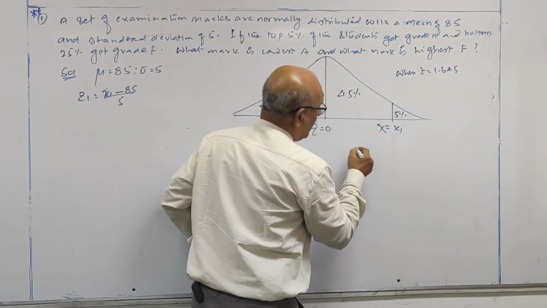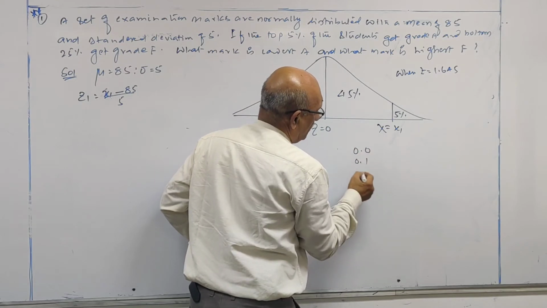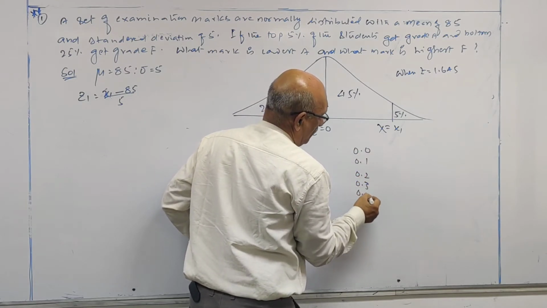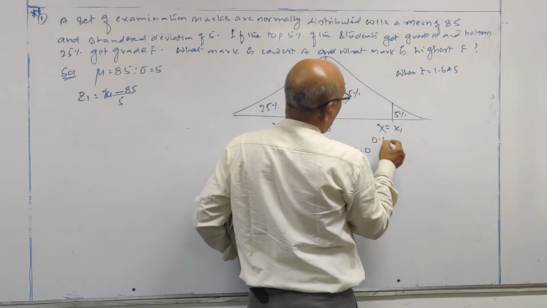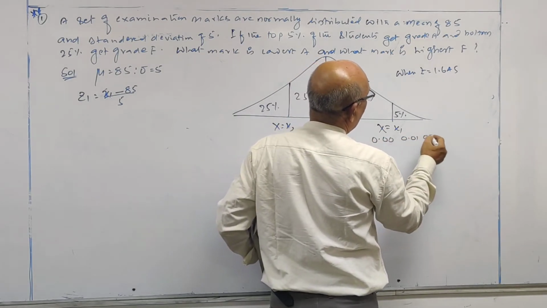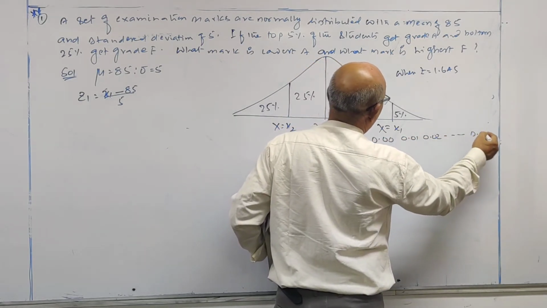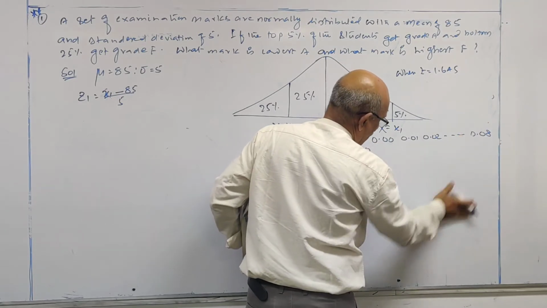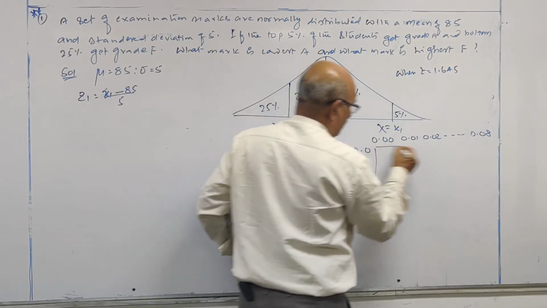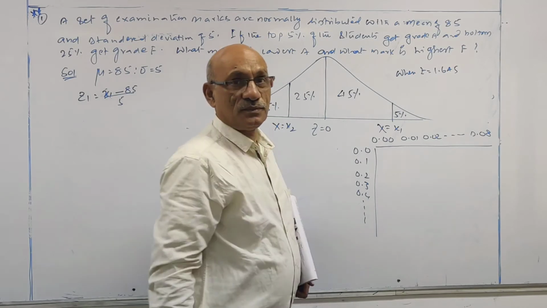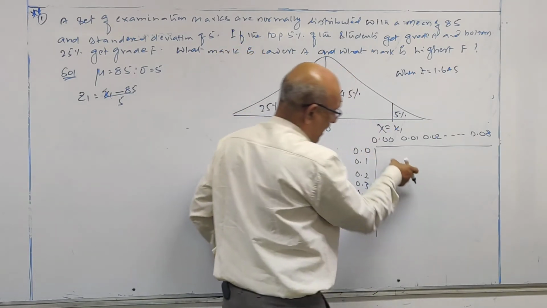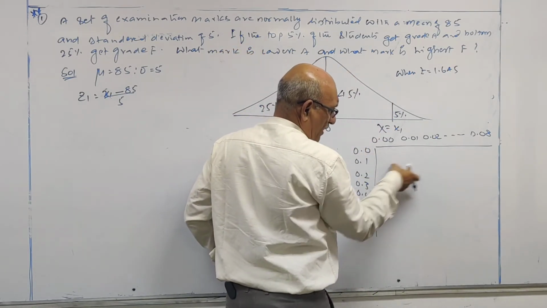Now look at this table: 0.0, 0.1, 0.2, 0.3, 0.4, this way it is given, and 0.00, 0.01, 0.02, etc., up to 0.08. Forget about this row and column. In this area, starting with the first row, move row wise.